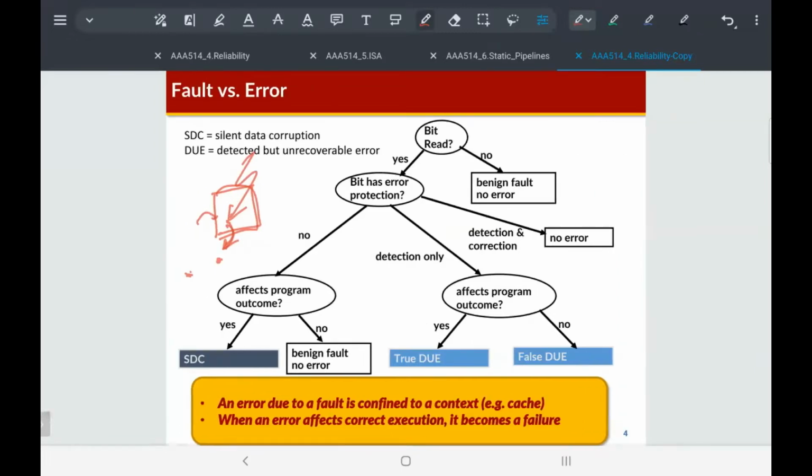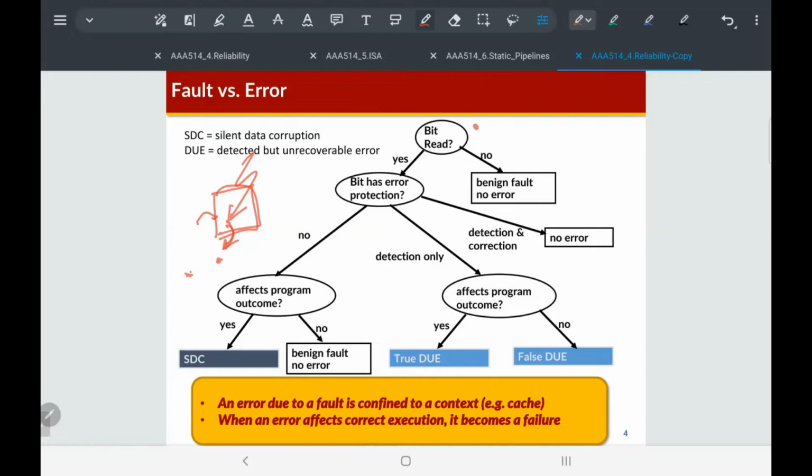Consider this slide. Some data is stored in our processors or memory components. You can say that some data bit is read or not. If the data is not read, that means this data is not consumed by our application.